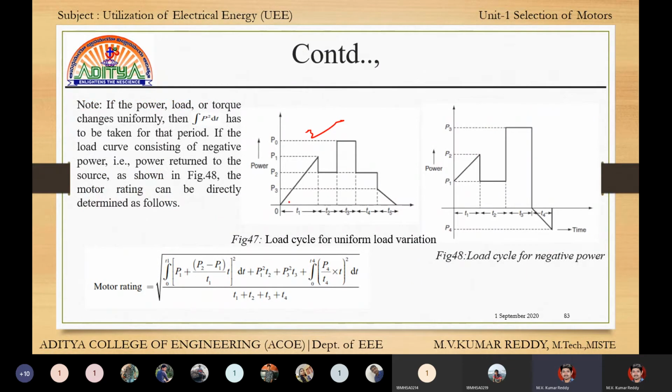That means here the load is gradually increasing. It maintains some constant value, and again increases to some value and maintains a constant value, then decreases and reduces. That means here it is constantly increasing, here constantly reducing.